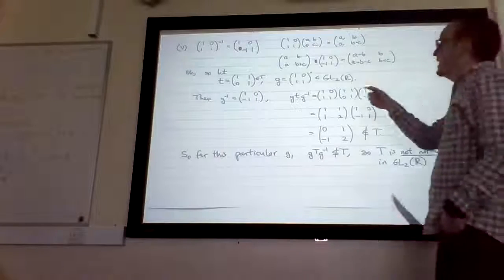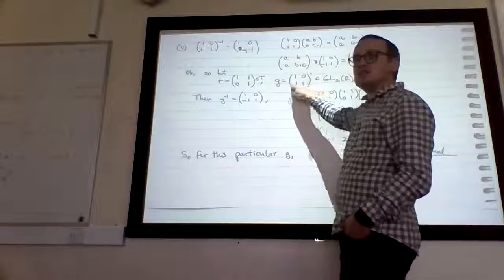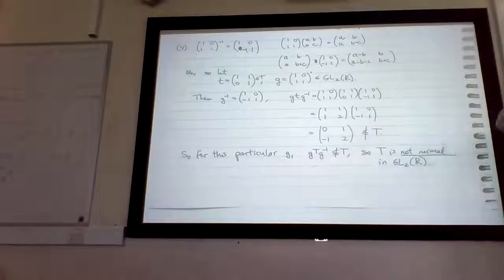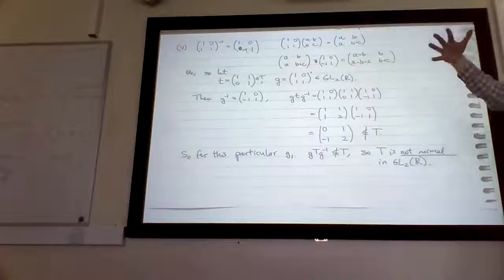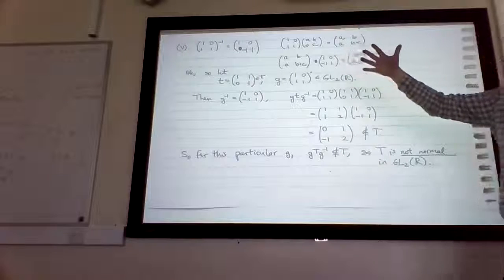So I think what he's done is he's chosen the simplest possible matrix he can think of that lies outside of T. That's one of these new elements that's going to break the normality. Remember, U is normal in T, we know that. So we're expanding out the containing subgroup now to the whole of GL2R.